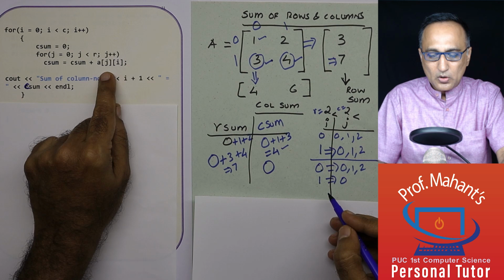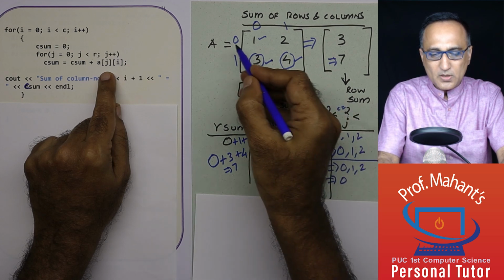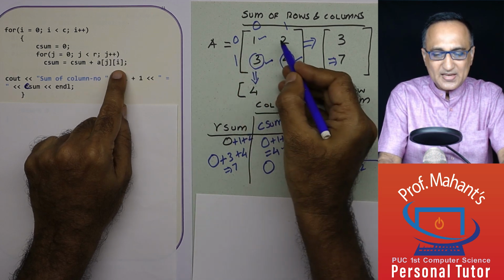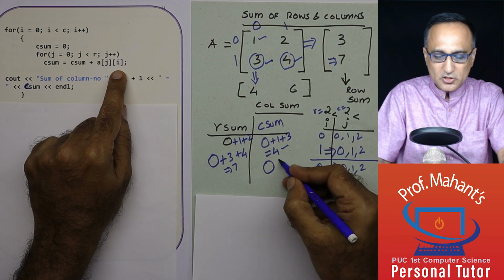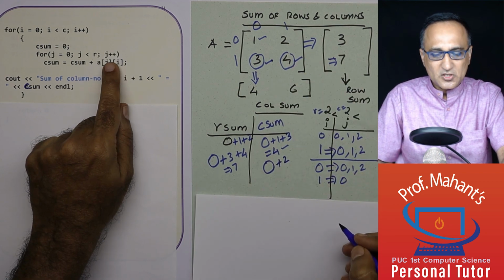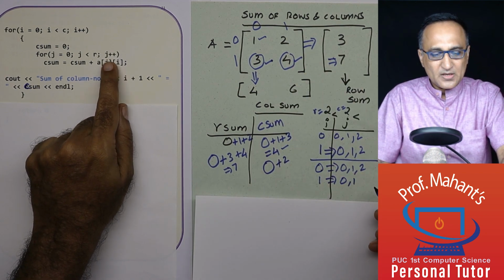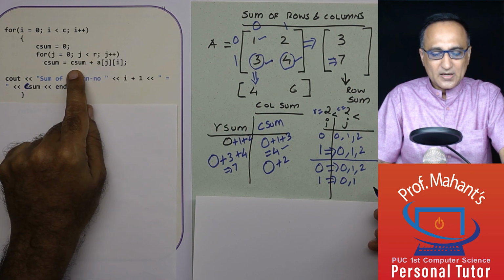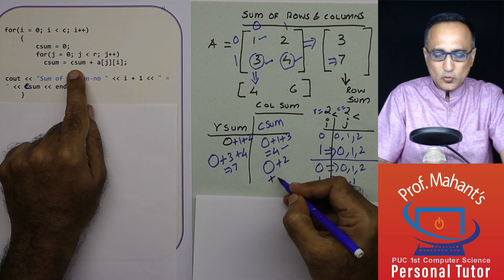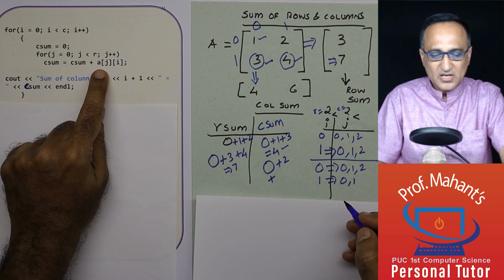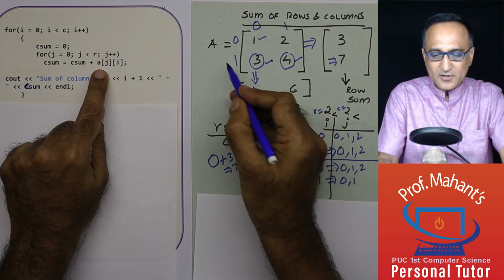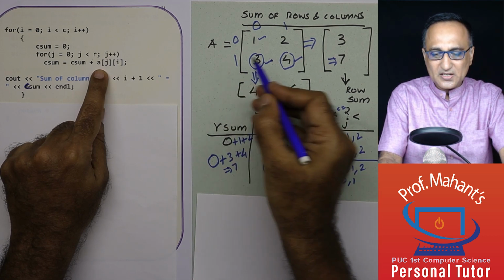Row number 0. Row number 0 is this. I is 1. So this particular position, 0 plus 2. Then J becomes 1. 1 is less than 2. I again come back here. 0 plus 2 plus a of ji. J is now 1, first row, and I is also 1.